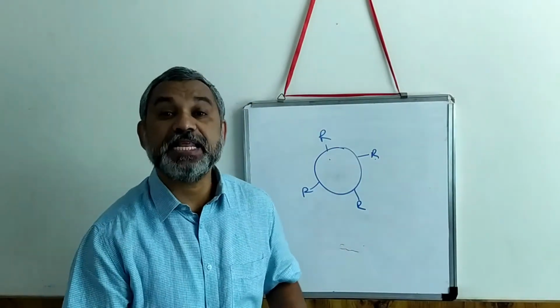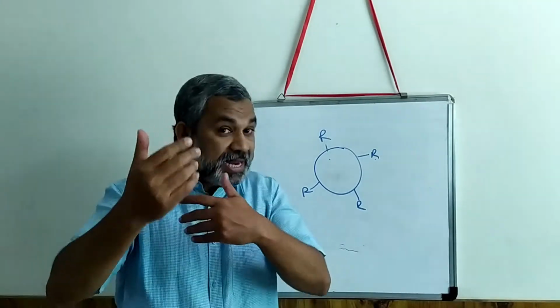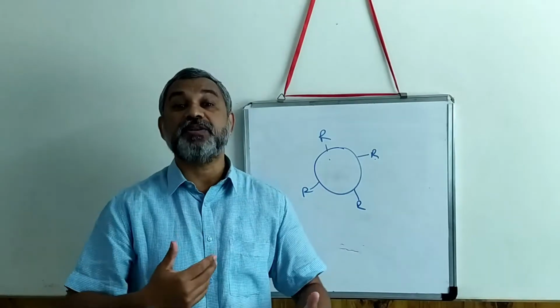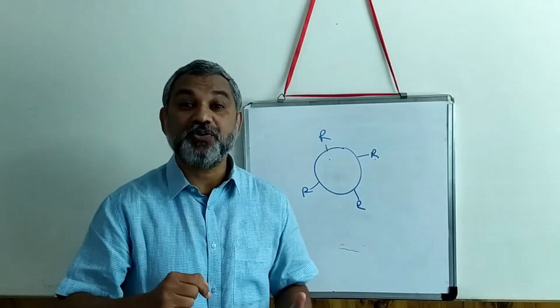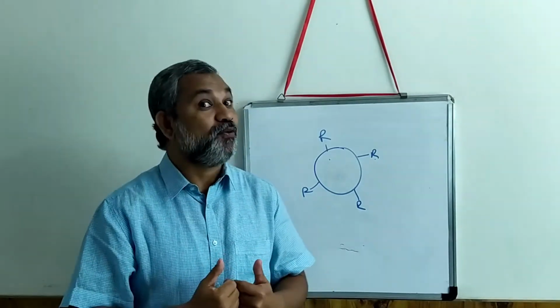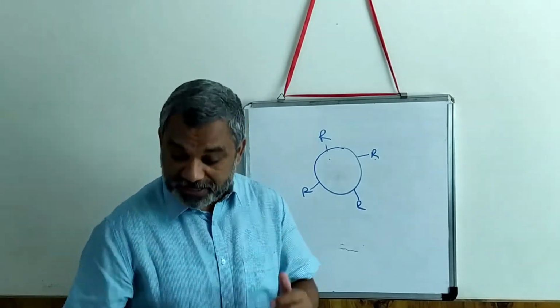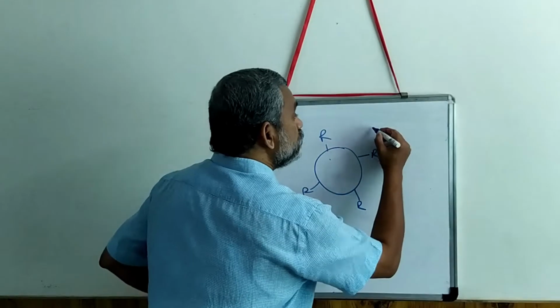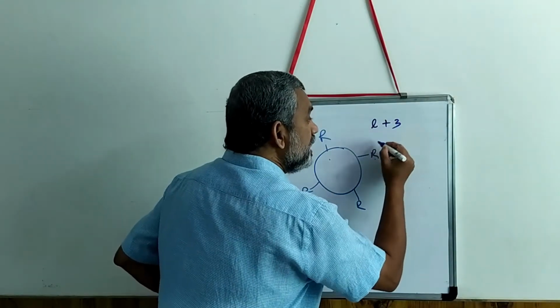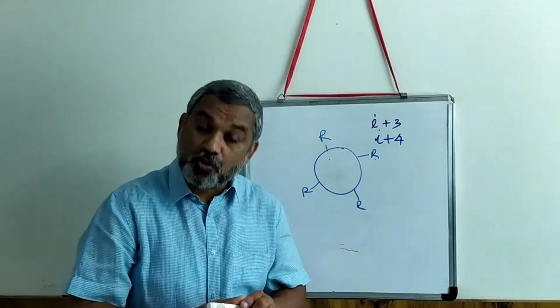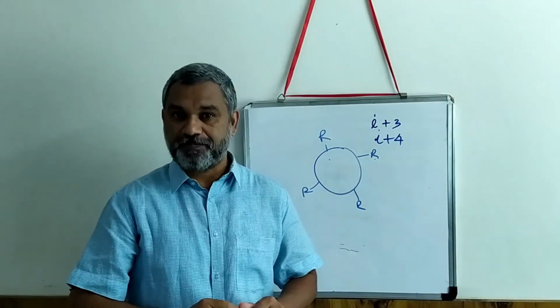Now, in an alpha helical structure, you can have bonds forming between the first residue with the fourth amino acid, as well as first residue with the third amino acid. So you can have I plus 3 and I plus 4. These are the two possibilities we are going to look at today.